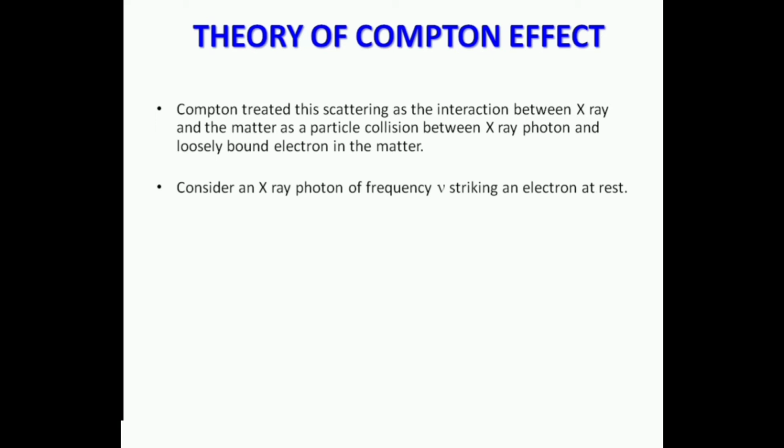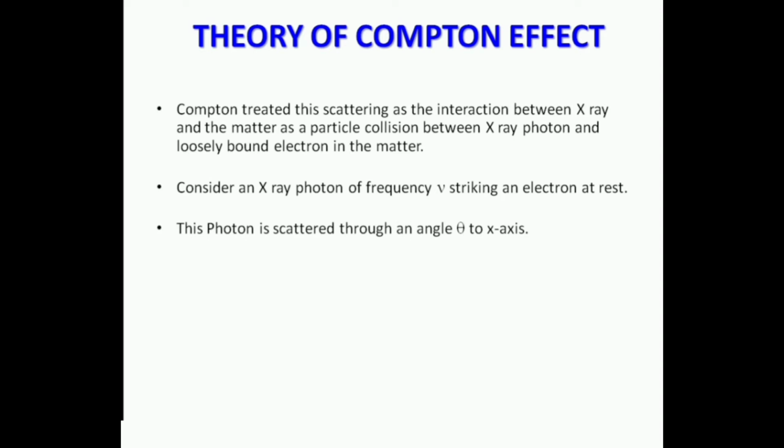Compton treated this scattering as the interaction between X-rays and matter as a particle collision between an X-ray photon and a loosely bound electron in matter. Consider an X-ray photon of frequency nu striking an electron which is at rest.